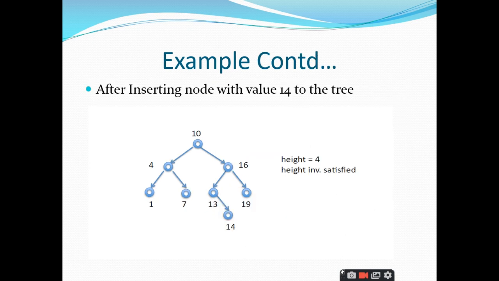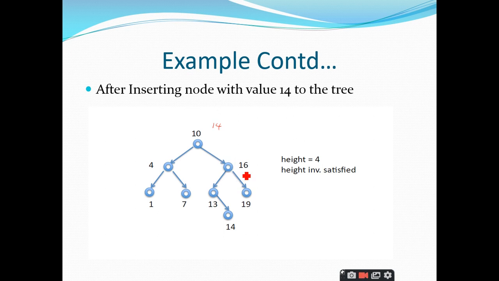Now we will take another example, where we are taking the same previous tree, but I am adding an element 14. Where should I add 14 here? Insertion of 14 into a binary search tree should be considered. So you compare this 14 with the root node. Since 14 is greater than the 10 value, you go towards the right hand side.